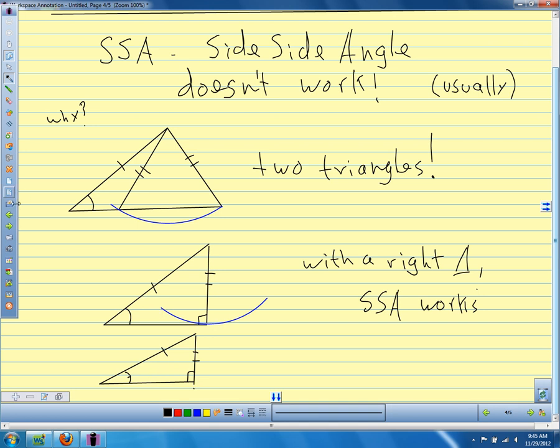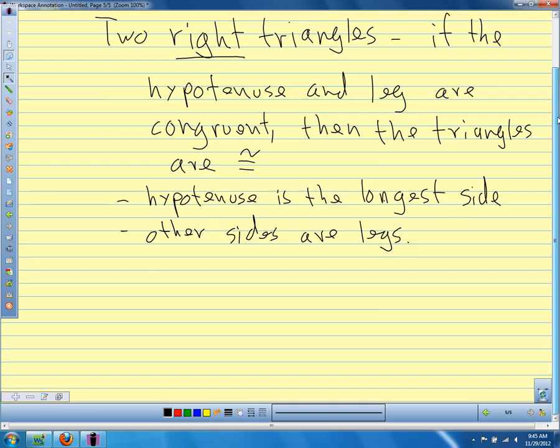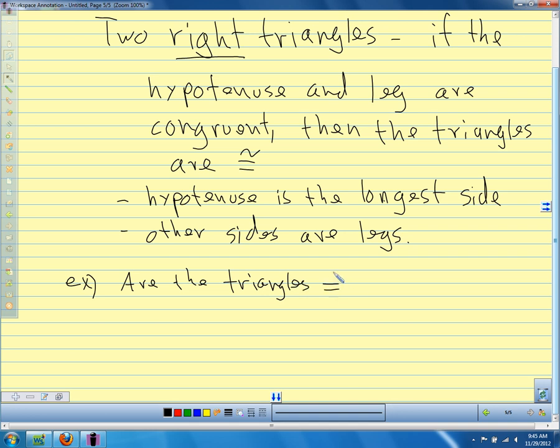All right, let's look at one example with hypotenuse leg, and then we are done and our graphic organizer is filled out. We want to know, are these congruent? And if so, why?